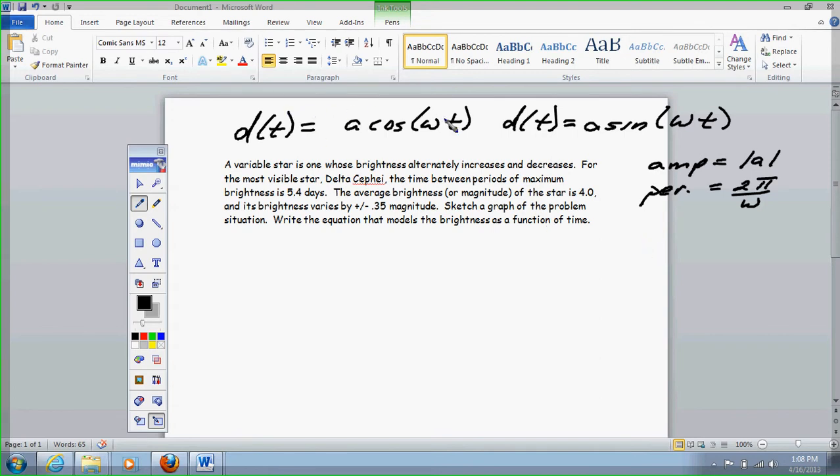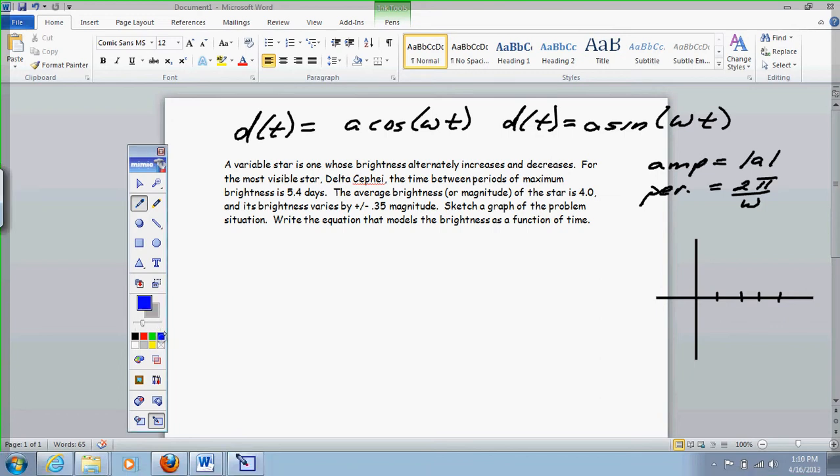In choosing the formula, it really doesn't matter in most cases. The difference is, if you recall quickly here, when you're looking at one period of the sine and cosine function, I'll do the sine function in blue and the cosine function in yellow.